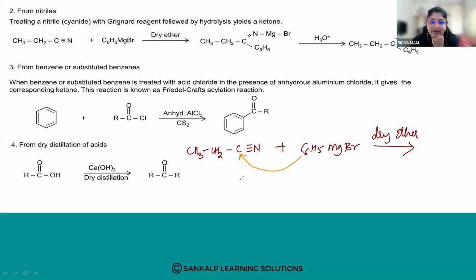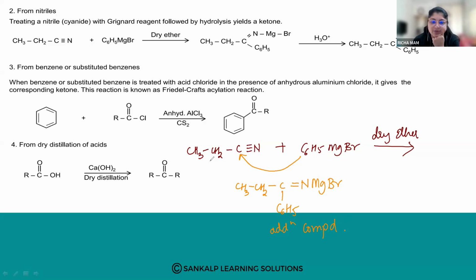So what you are going to get? CH3CH2, C, C6H5, double bond N, MgBr. So this is my addition compound.